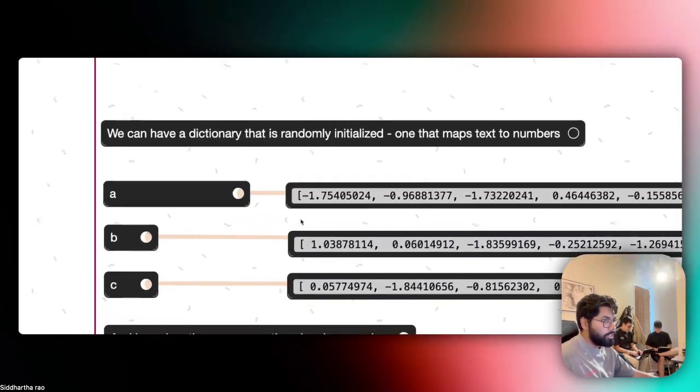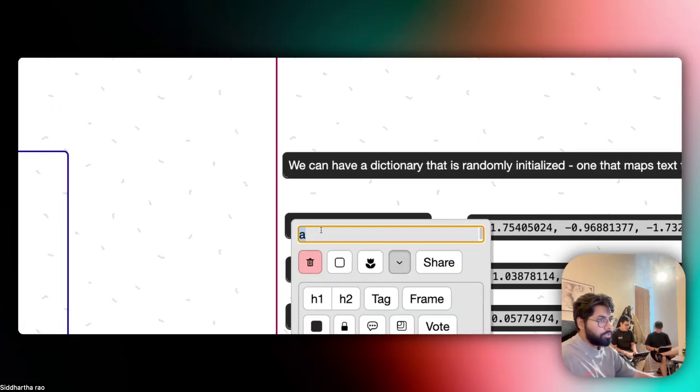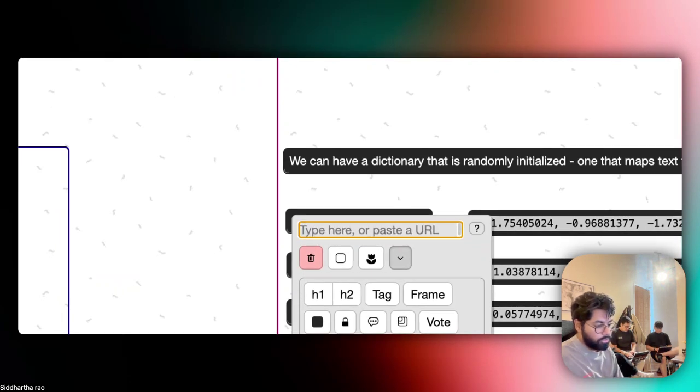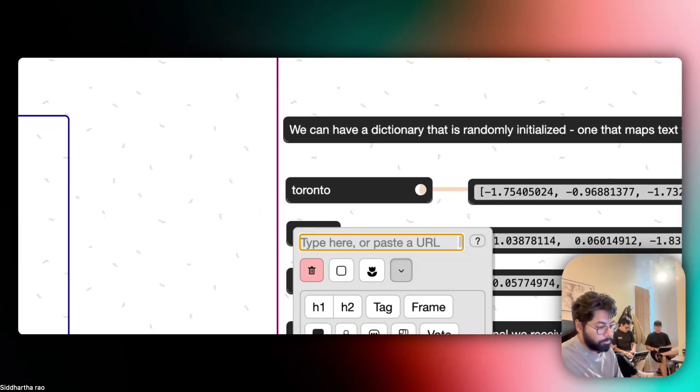So the keys of this dictionary, instead of being ABC, would be subword representations, which we call tokens. In the transformer, before we even talk about the core architecture itself, the very first layer is the positional embedding layer, which transforms these tokens, whether that's A or something like Toronto, and sometimes it can be space.